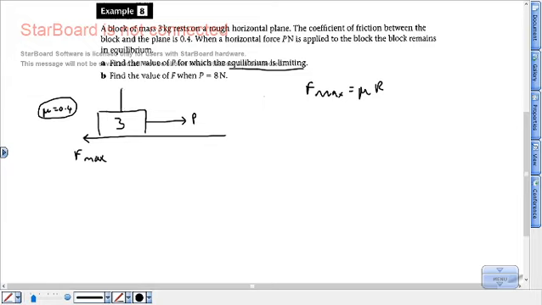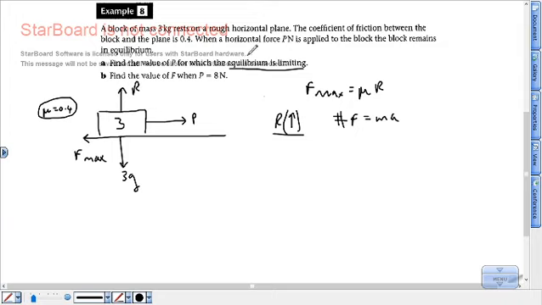R is the normal reaction. So right angle, normal, that's what normal means. Reaction, what this surface provides. You've got the weight of the block, which is going to be 3g. So the first thing we're going to do is resolve vertically, and let's say upwards is positive. And you tell the examiner that you're using the sum of the net forces equals mass times acceleration.